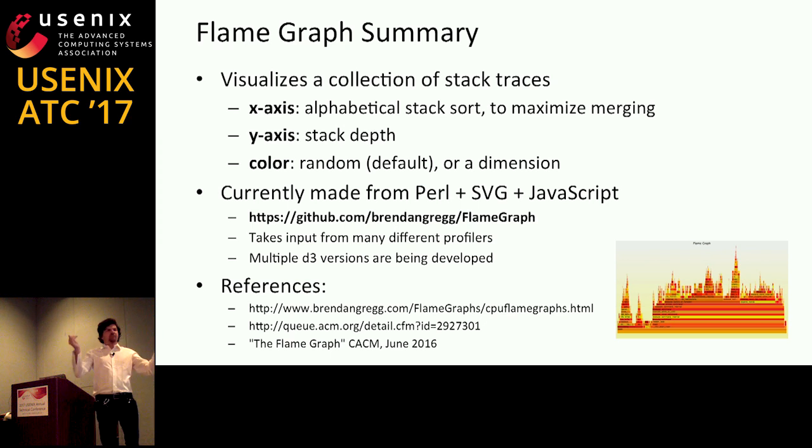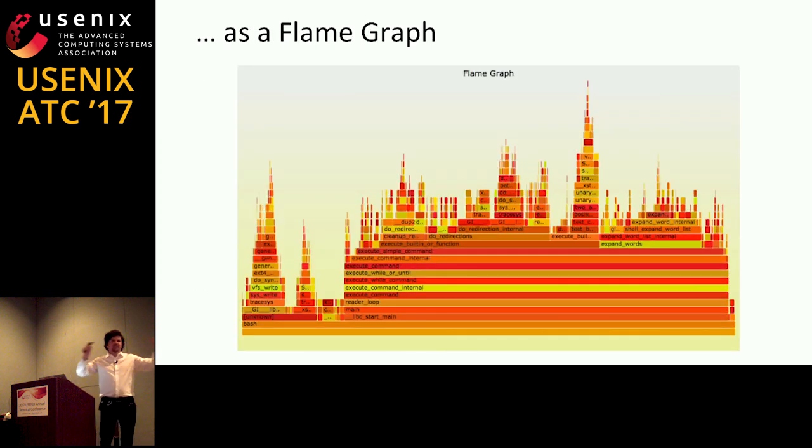If the first level function was function A, and then there was function B and function C, it would group them together, and then I could make the box wider. And that's why we end up with these long rectangles. What this is actually visualizing is hundreds, if not thousands, of stacked samples. Each of them would appear as a very thin tower, but I'm merging them together so that you can see where the bulk of the CPU time is.